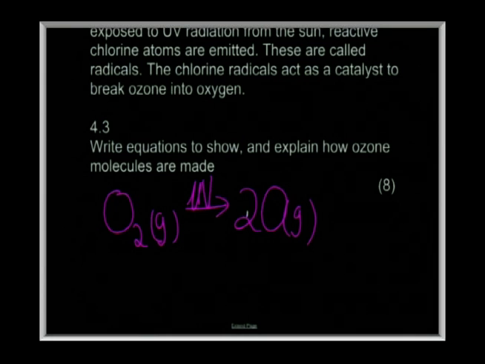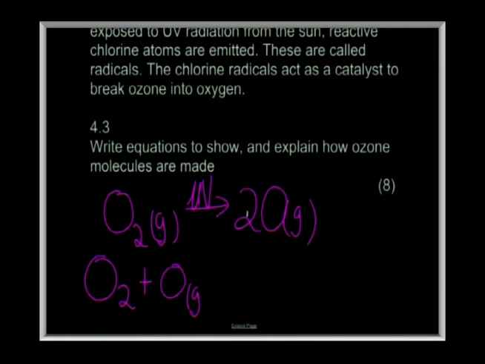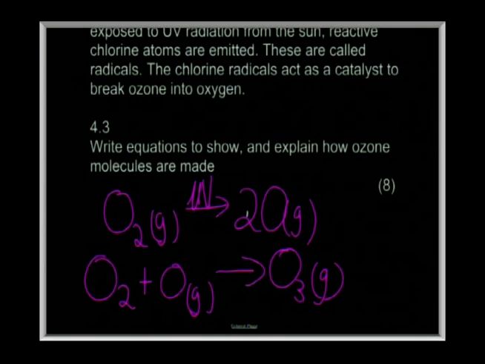Now this 2O is a highly reactive radical. The oxygen in the atmosphere, together with one of these radicals, then gives us O3, and of course O3 is the ozone gas, which protects us from the sun.